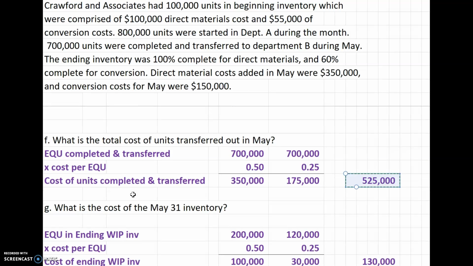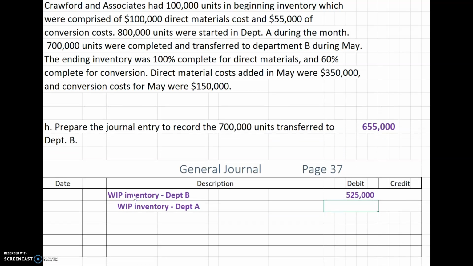So we said 525,000 of the Department A costs moved on to Department B.